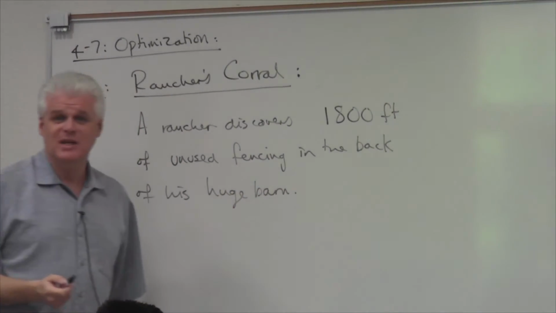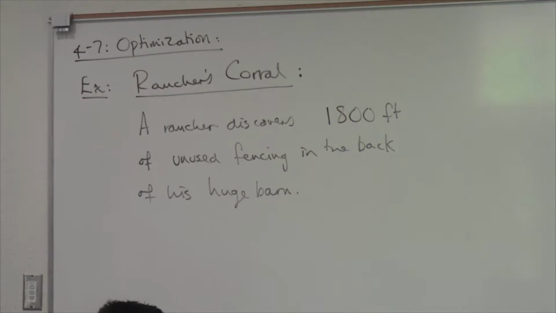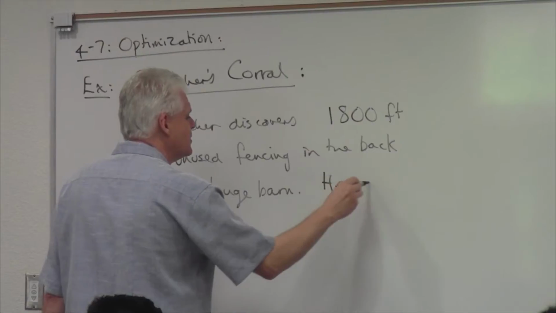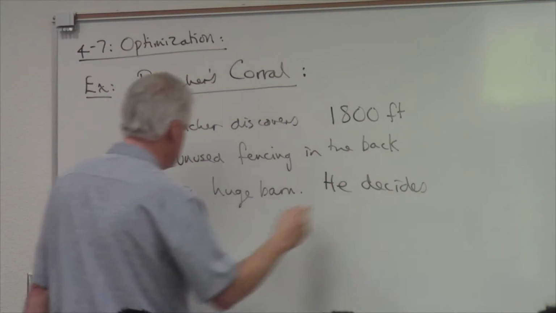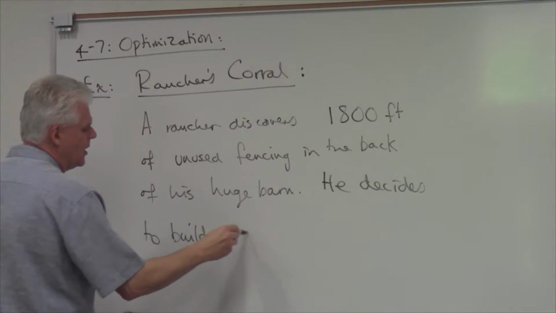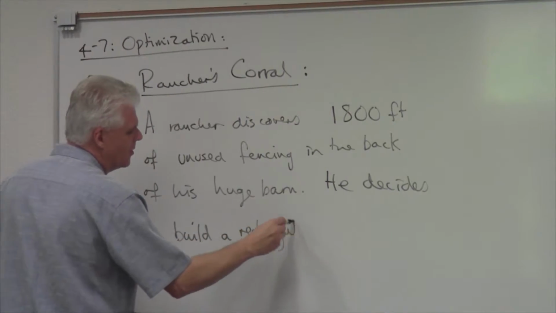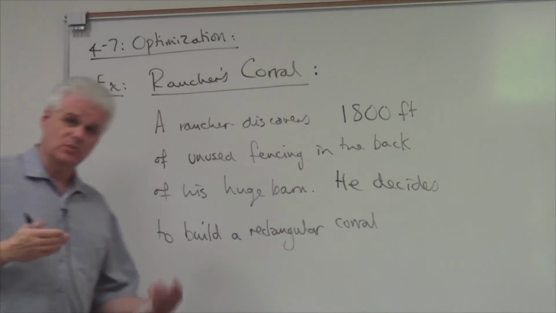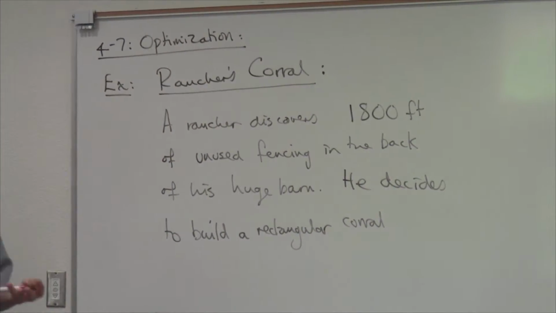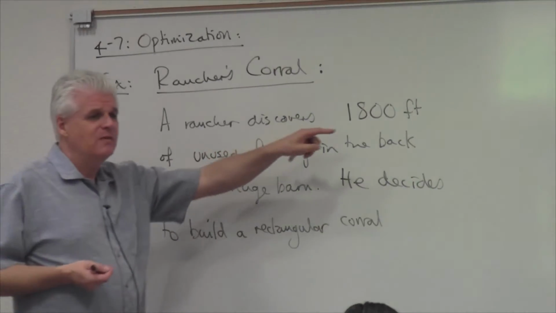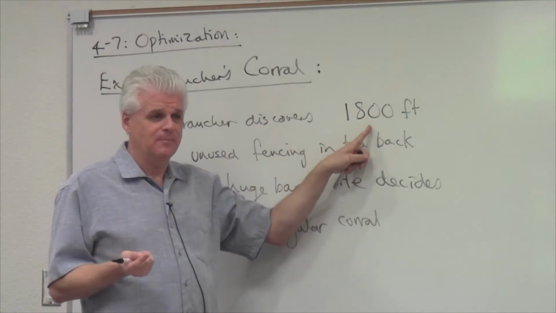Now, this rancher has been meaning to build a corral, a rectangular corral to put his cattle in. So he decides to build a rectangular corral. Now, he's going to use this fencing he's just found. He wants this corral to be as big as possible. Okay? And he's got 1,800 feet of fencing with which to build it.